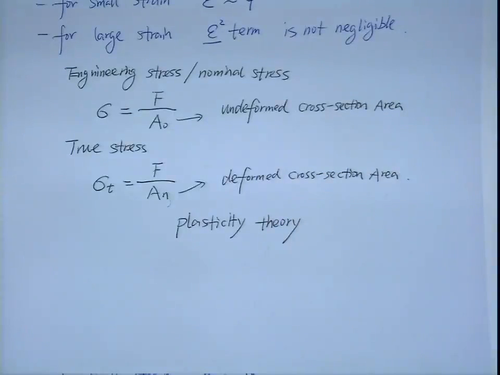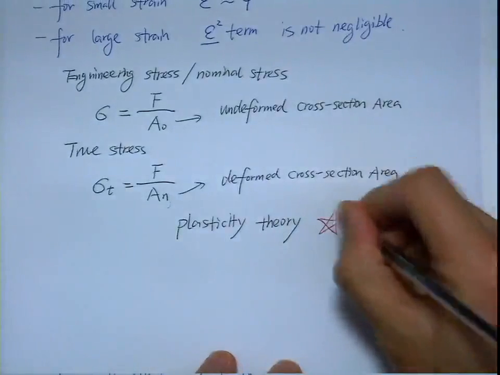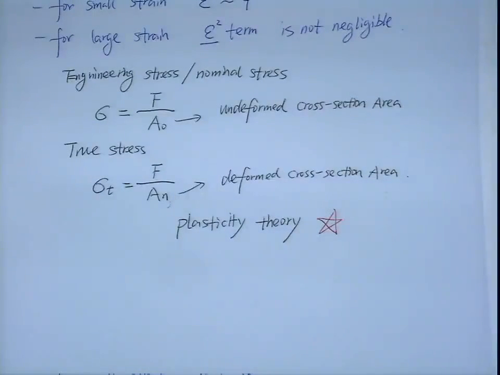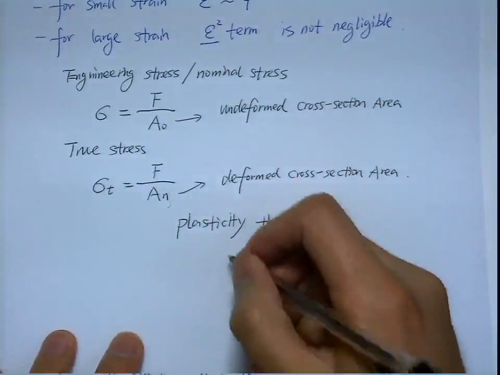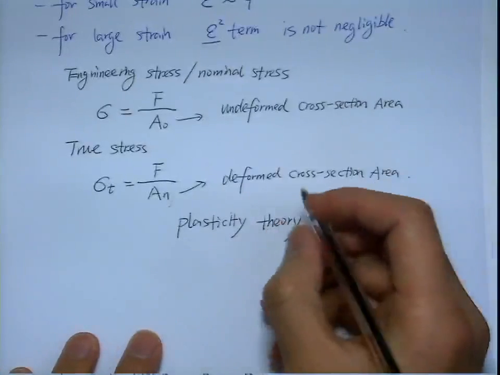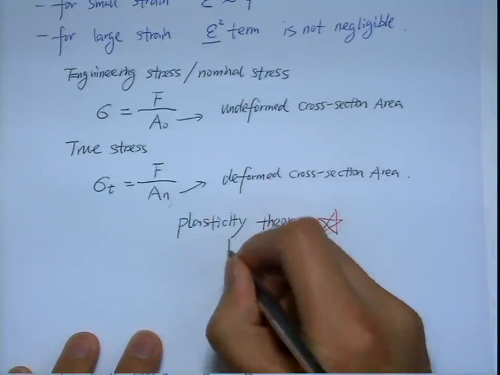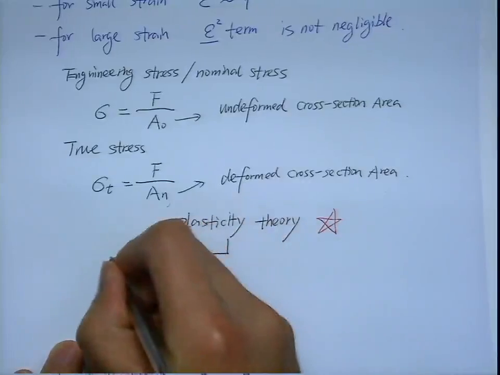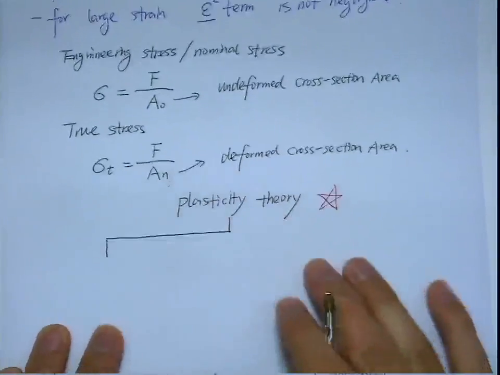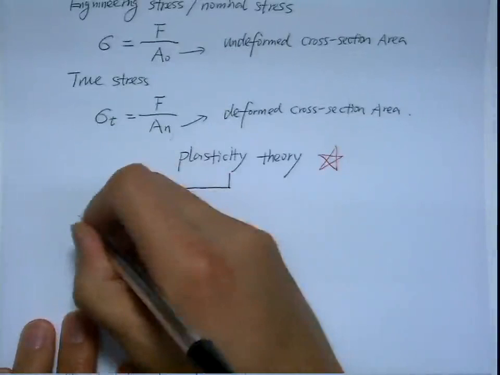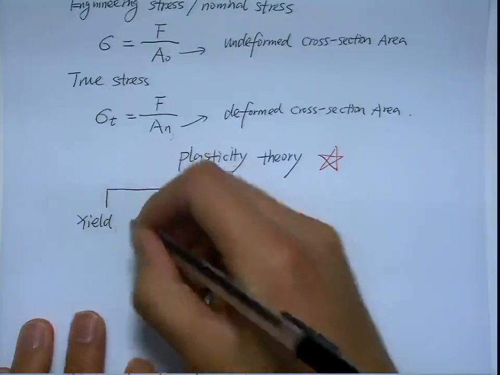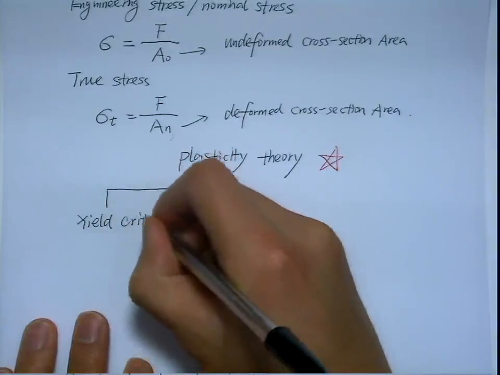Let's put a star here just to emphasize that. So what is plasticity theory? Basically consider there are two parts. One part is the yield criteria.